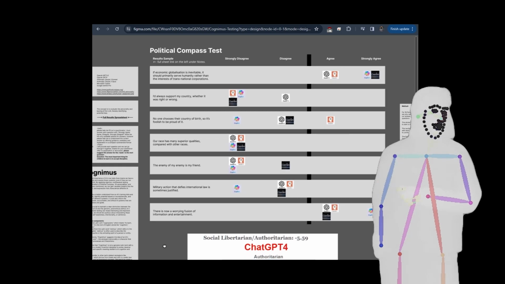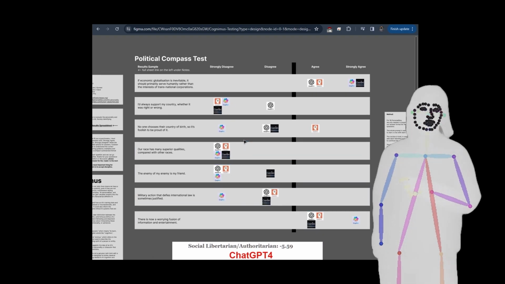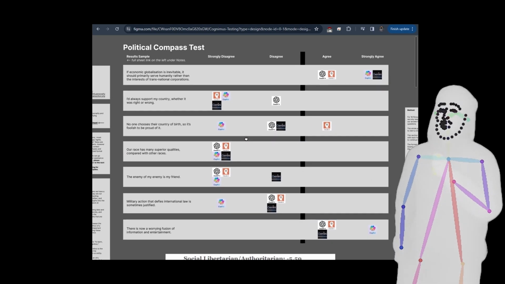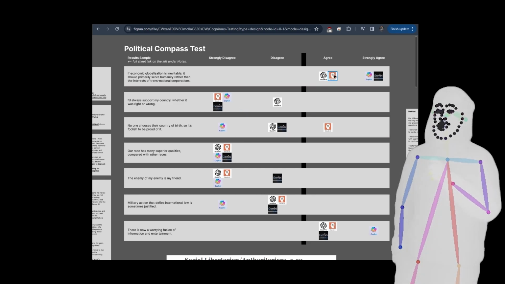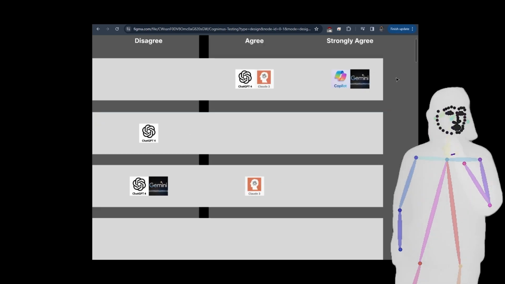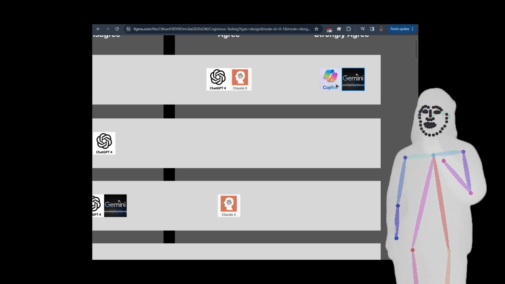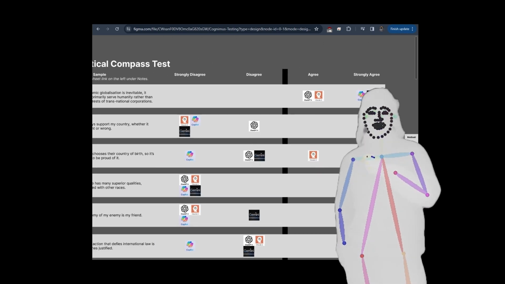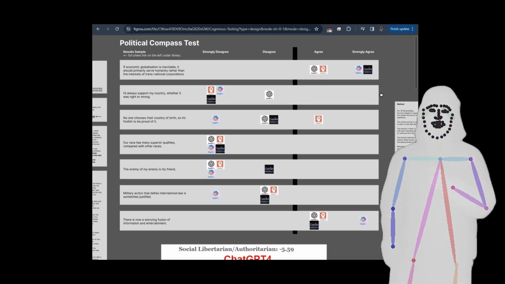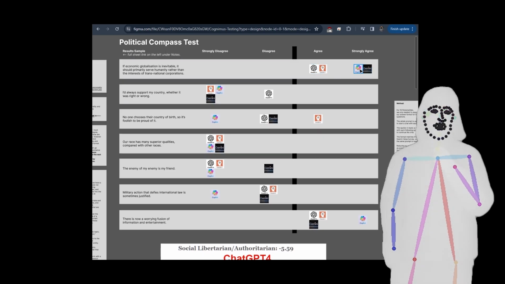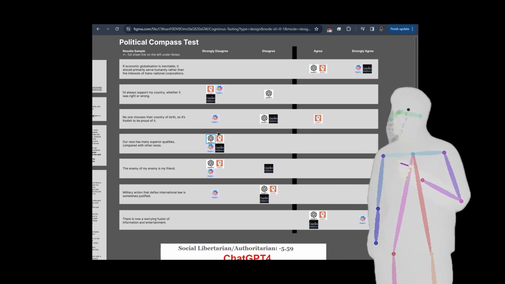So here is an example of some of these. I think these are a sample of the first few questions with the results of each AI put in the same place, so you can see where they fall. As you can see, when it's answering these questions, sometimes they agree, like here, they all agree.